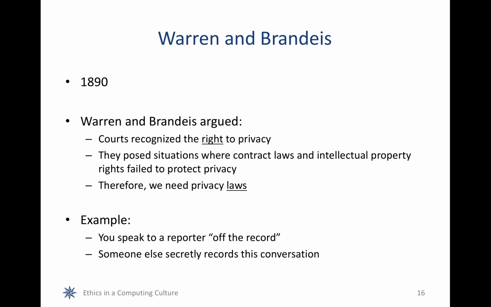When someone is talking to a newspaper reporter off the record, there is an implicit contract that the reporter won't share this information. But what if someone is secretly listening in on that conversation? There's no contract for that person listening in. So Warren and Brandeis argued that contract law fails to protect privacy in such situations.